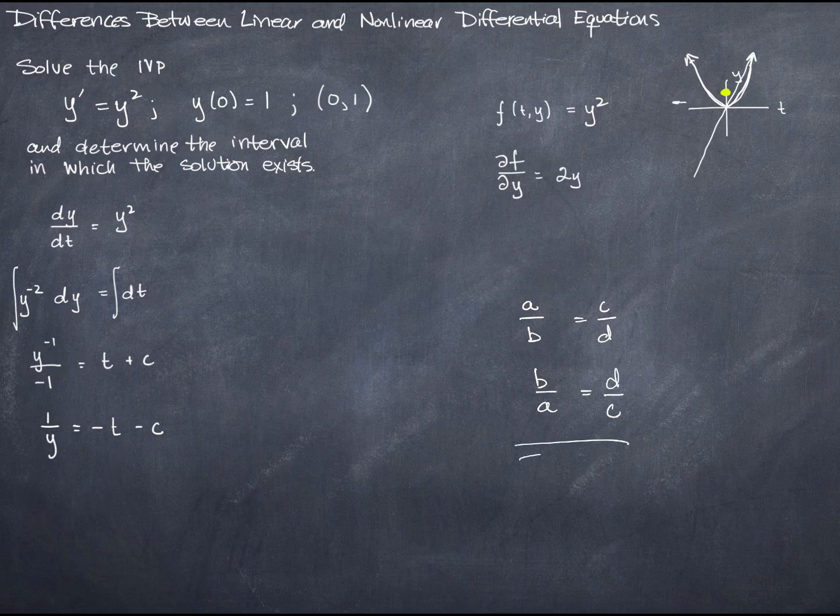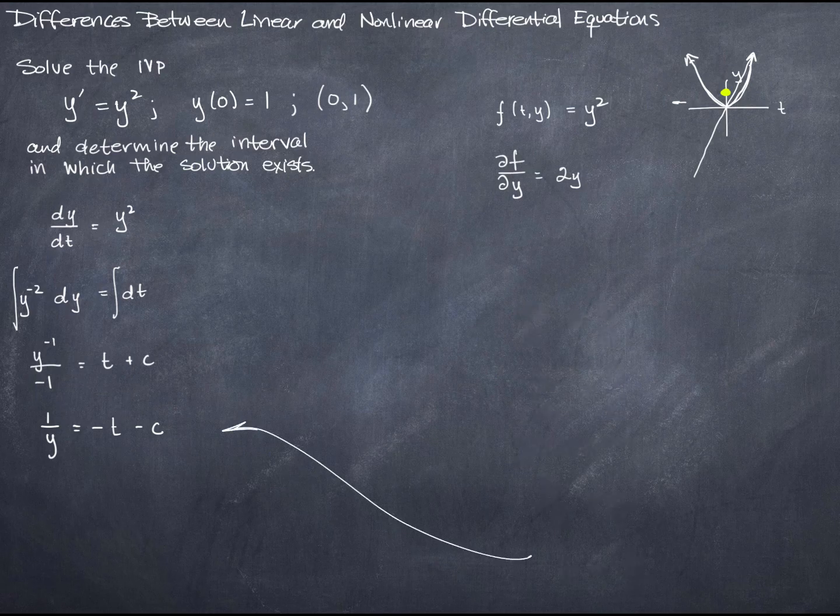I'm going to apply that here by saying, using different letters, 1 over k equals p, pretend that p is p over 1, that means that k over 1 equals 1 over p. And I'm going to apply that to this statement here. So I'll get y equals 1 over the right-hand side, the whole right-hand side. And that's my general solution.